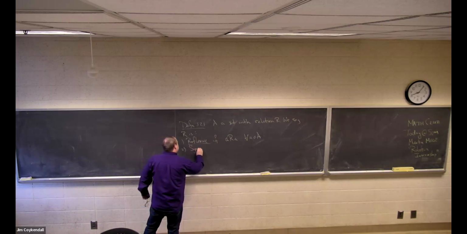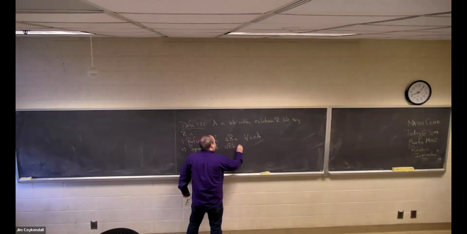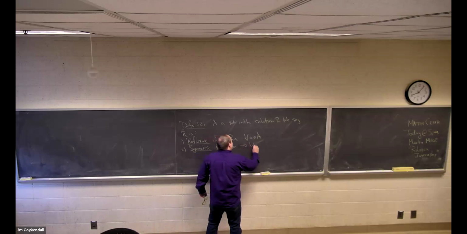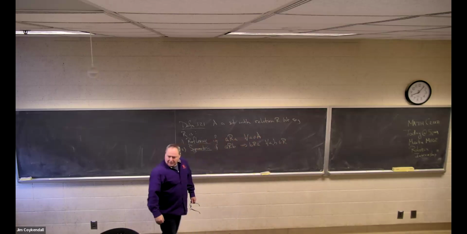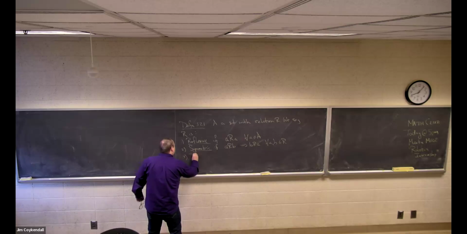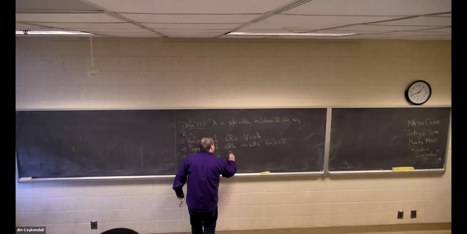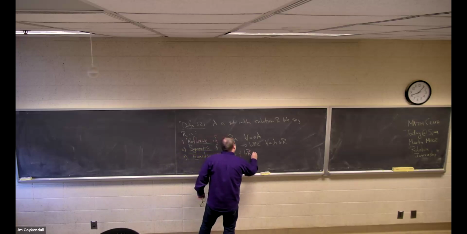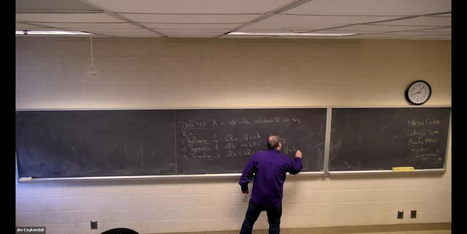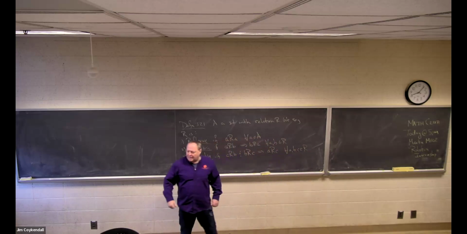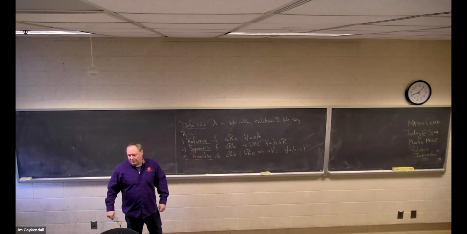It's symmetric if A is related to B implies that B is related to A. And three, transitive if A is related to B and B is related to C implies A is related to C. And if you have all three of them in tandem, it's what we call an equivalence relation.